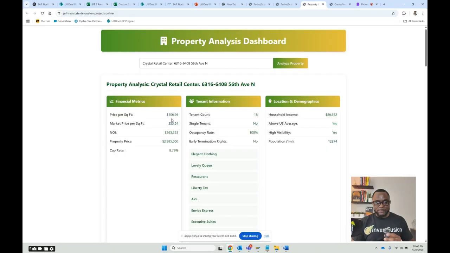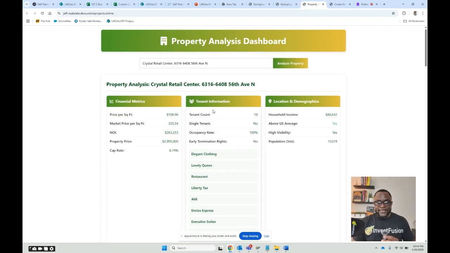Looking at these numbers, between 106.96 and the market price per square foot, we're looking at over 68% equity, or 68% discounted to the market. That is amazing, guys. Just having this access alone is amazing. But let's see how it explains this further.